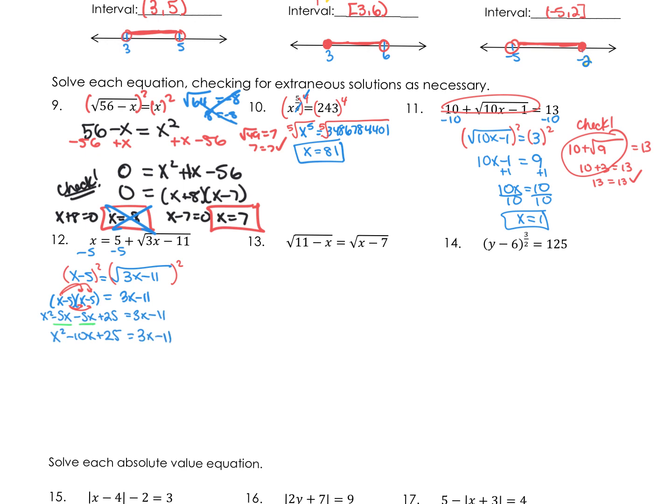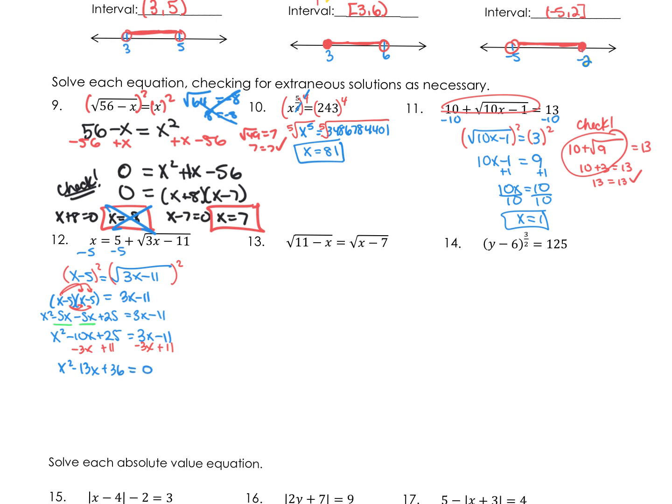We will need to factor, but remember we cannot factor until it equals 0, so we'll move the 3x over and the 11 over. So I'll have x squared minus 13x plus 36 equals 0.